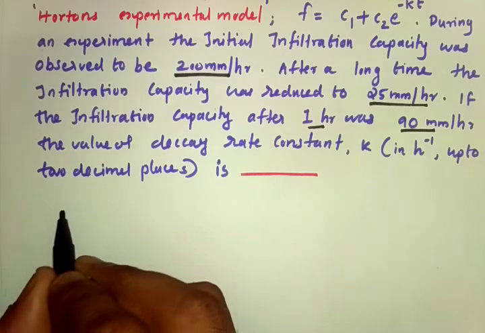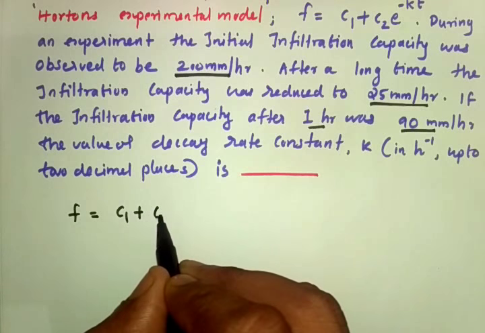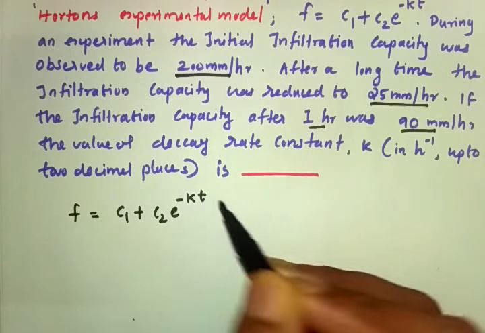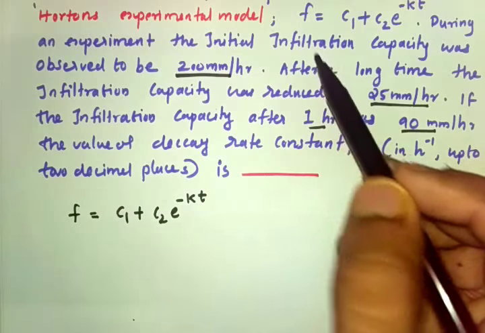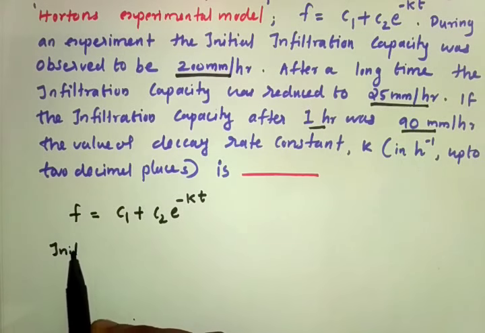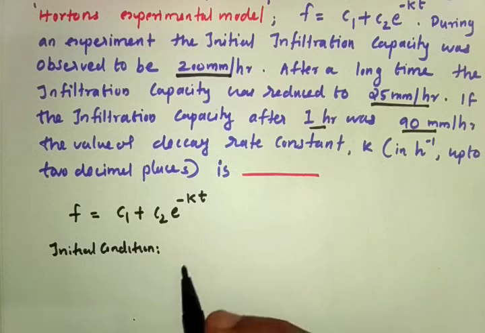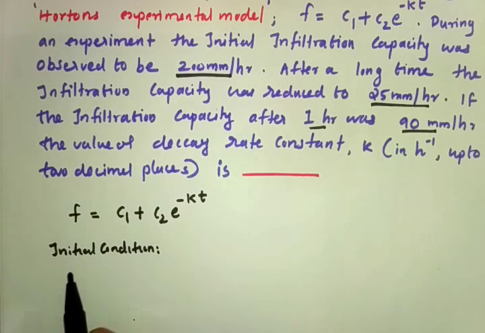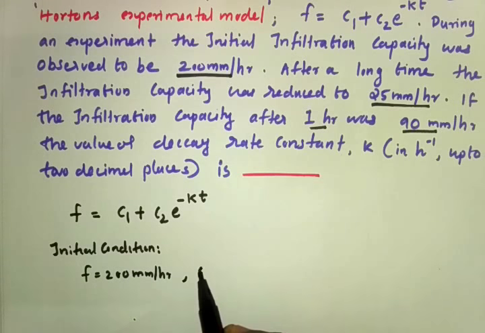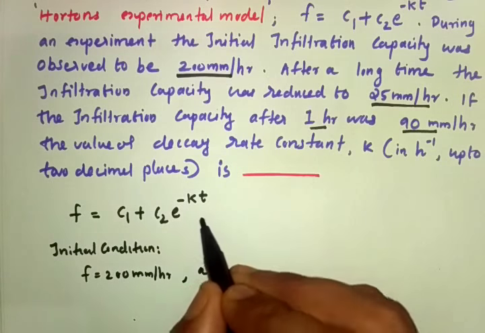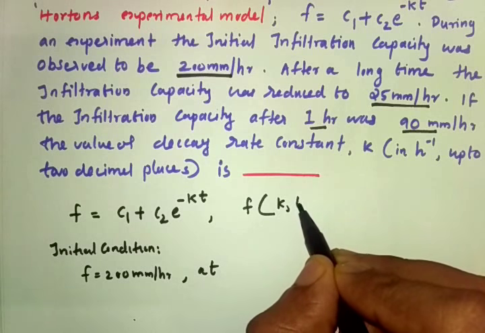Take F = C1 + C2 e^(-kt). What is the initial condition during the experiment? The initial infiltration capacity was observed to be 200 mm per hour, so F = 200 mm per hour at the initial condition. Here F is a function of k and t.